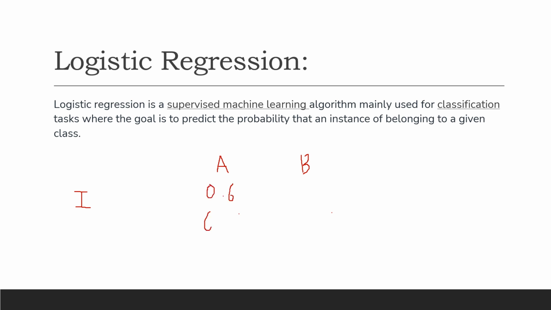That is, there is a 60% chance that the instance I belongs to class A. So the probability of I belonging to class B will be 0.4, which is a 40% chance that the instance I belongs to class B. Since 60% is greater than 40%, we will conclude that the instance I belongs to class A.